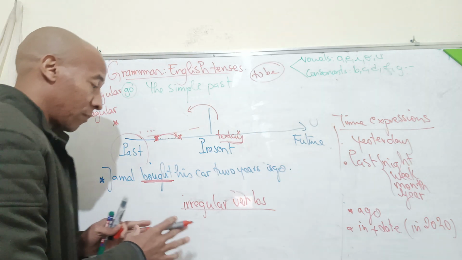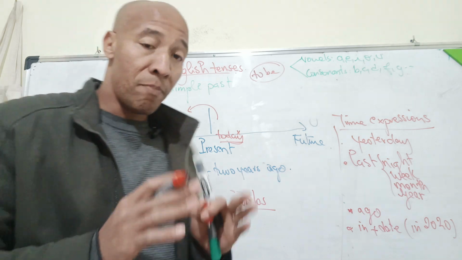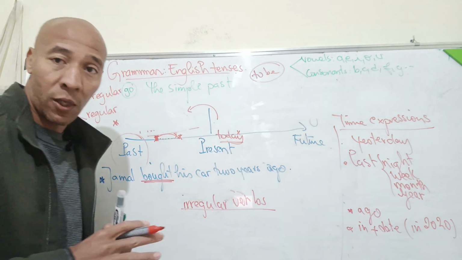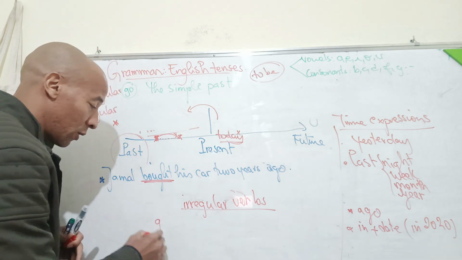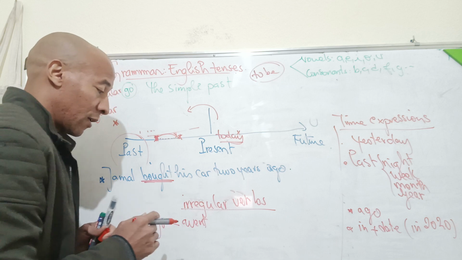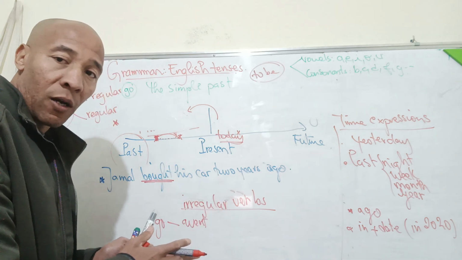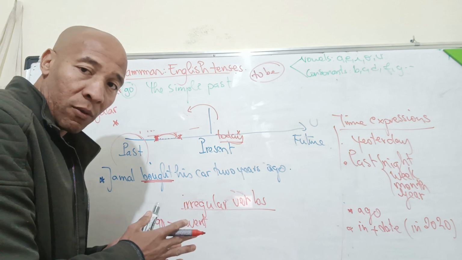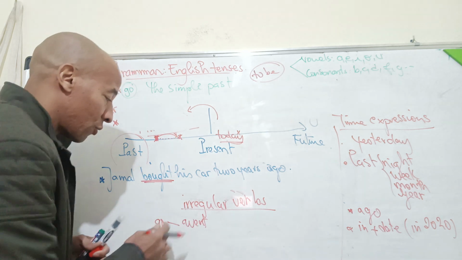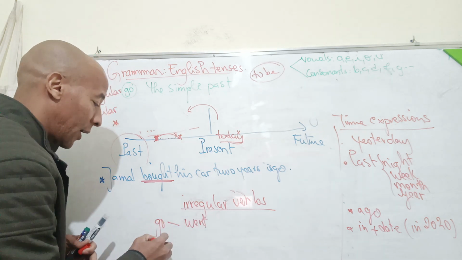We have a predefined form for the simple past. For example, go, as we said, went. We don't use any rule to make the simple past form from the present. We have to memorize these words.